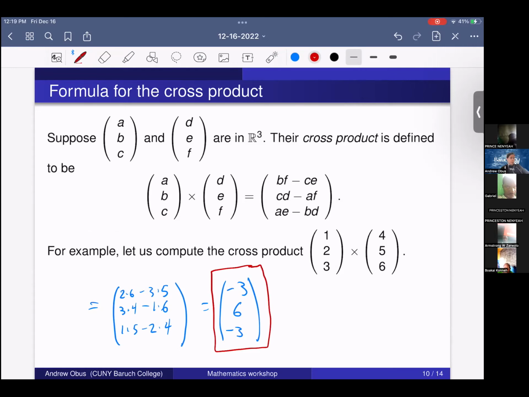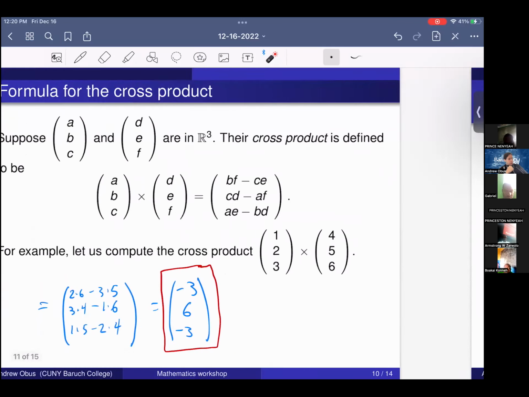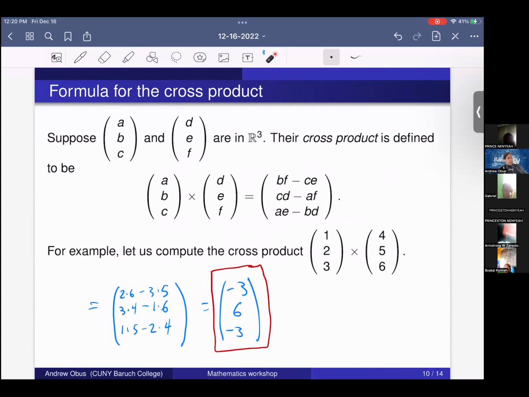Okay, so that is how we compute this cross product. But of course, the problem here is that this formula is not very easy to remember.